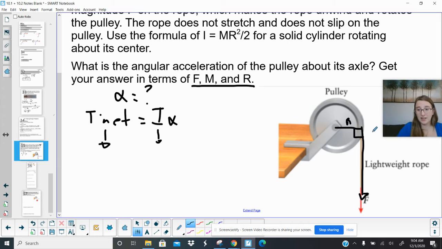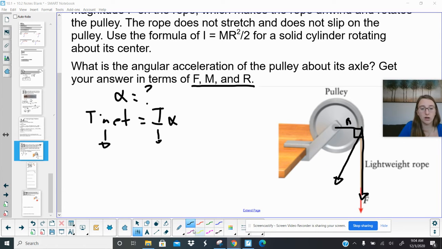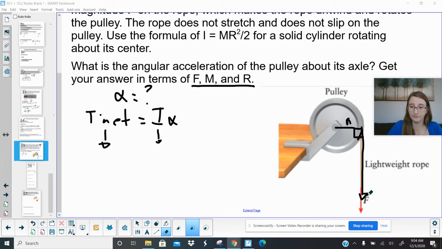In the torque formula, this force is the one we want to use. If this rope were being pulled at an angle this way for whatever reason, we would have to find the component perpendicular to the radius. But in this case, our force is perpendicular to the radius, so we're good. This is the only force acting on this pulley.